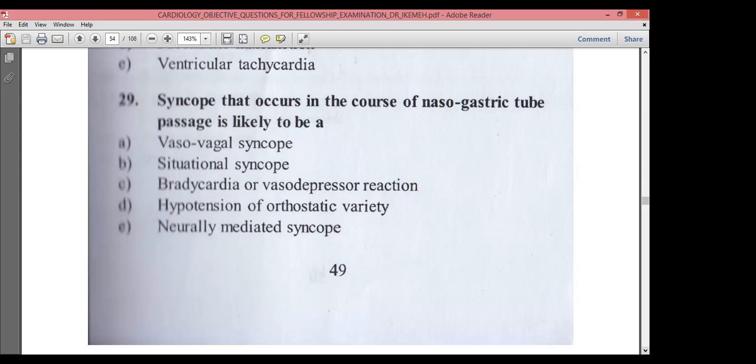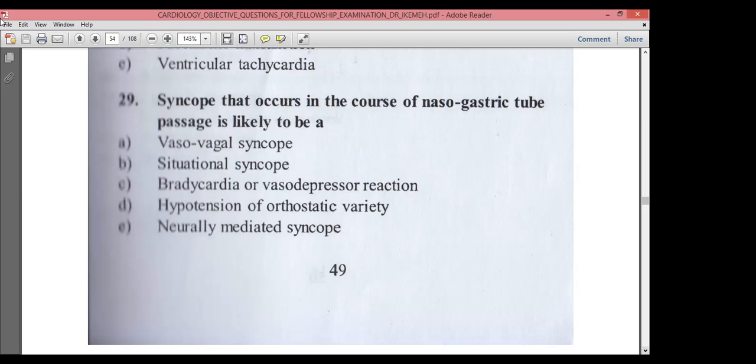But in the answer, Prof said that the answer is C, bradycardia or vasodepressor reaction. Sincerely, I do not know why the answer is C, because A, B, C, and D can possibly be the answer.